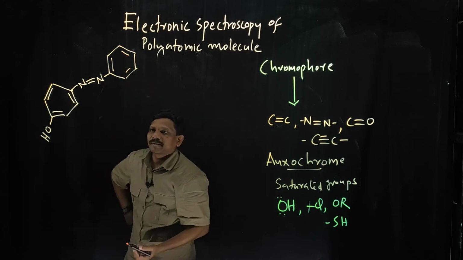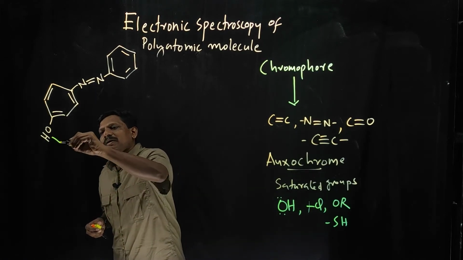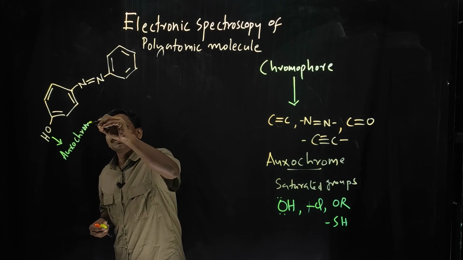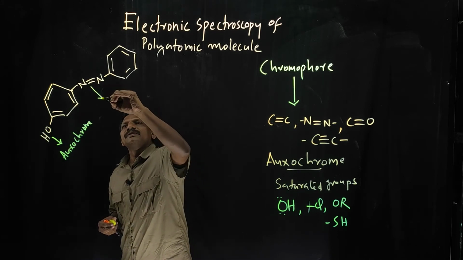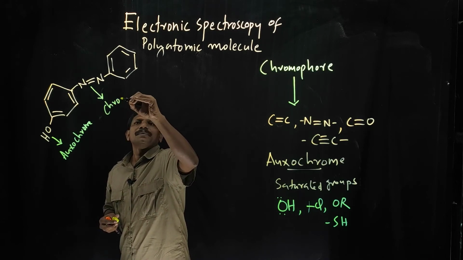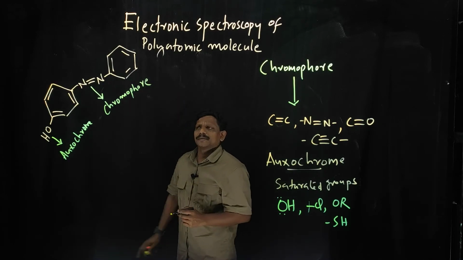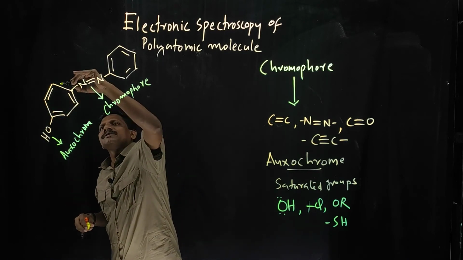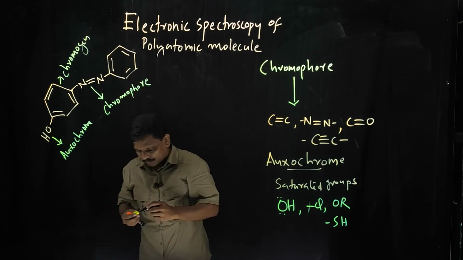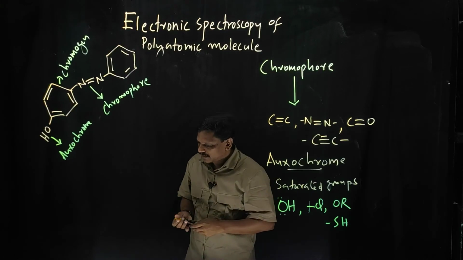Here in this molecule, the OH group is known as the oxochrome, and the N double bond N group is responsible for the light absorption. It is known as the chromophore. Normally this type of ring is known as the chromogen. The double bond itself is an unsaturated site for light absorption.